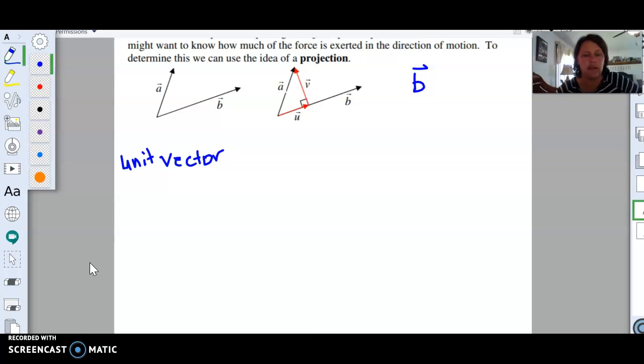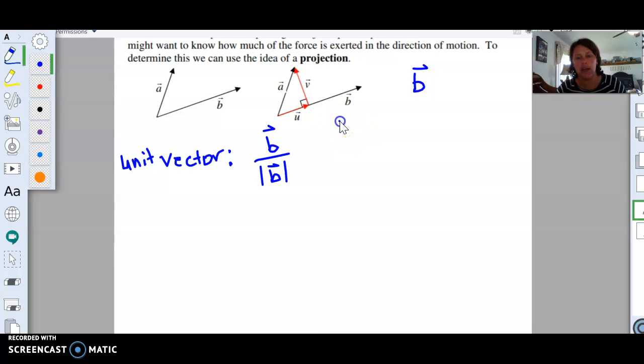Okay, so on with unit vectors. To make a vector a unit vector, we're going to take that vector, in this case vector B, and divide it by its magnitude. So take a vector, divide it by its magnitude, and that's how you make a unit vector.